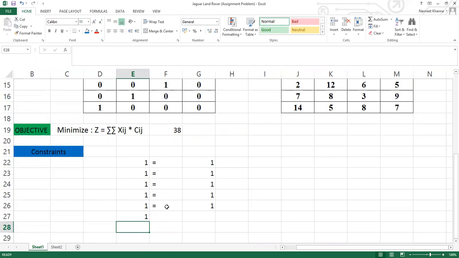Then the sum X31 plus X32 plus X33 plus X34 is equal to 1.